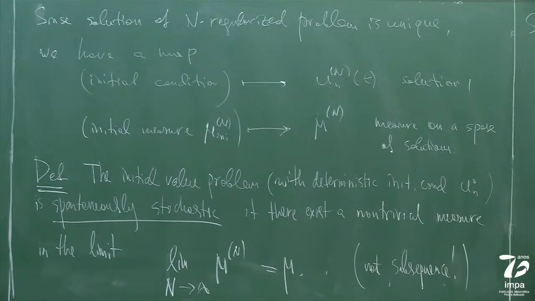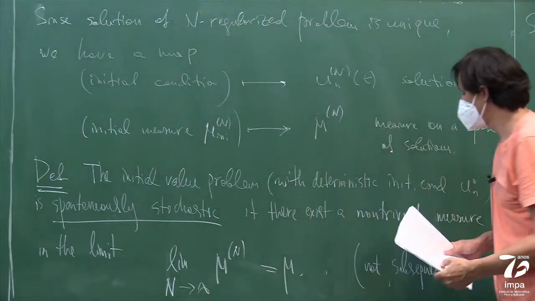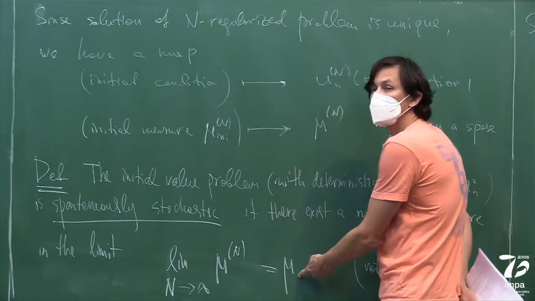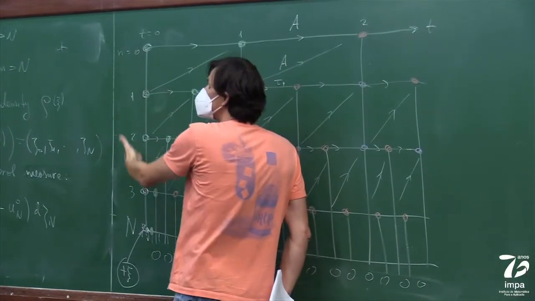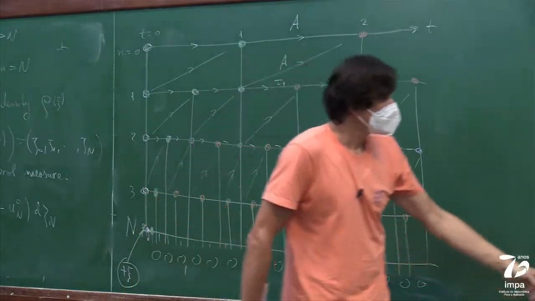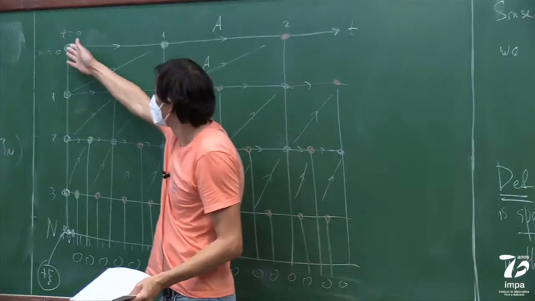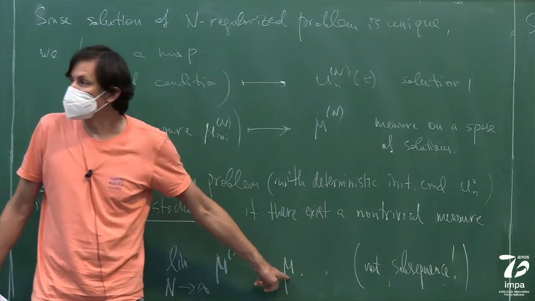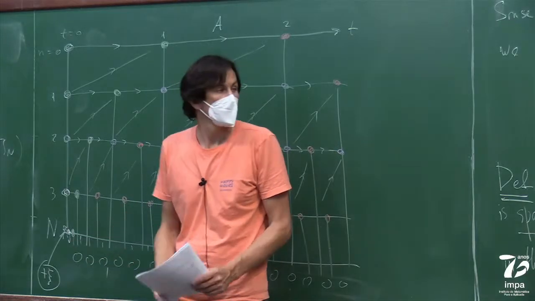Just a unique limit. And if this limit exists, why is it spontaneous stochasticity? Because if this limit exists, what you can directly see is that this measure will satisfy the initial condition. So at these points, it will be deterministic, right? Because all these measures are deterministic at every point. So this measure will give a measure on a space of solutions which satisfy exactly the initial conditions.